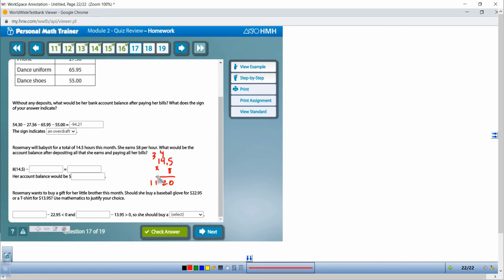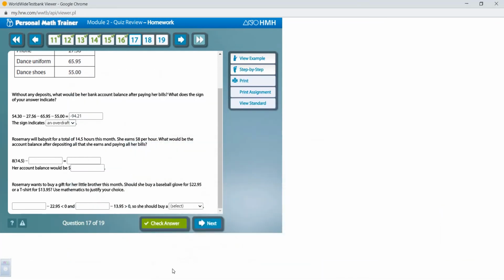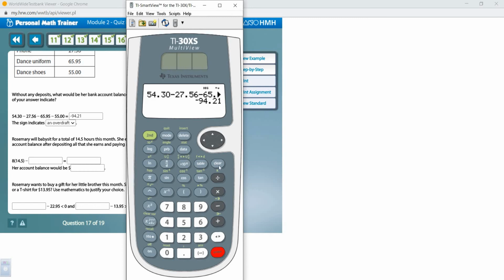All right. So we're going to have $112 minus that 94.21, her negative balance, right? So this is good news because that number is bigger than that number. So let's see here. We have 112 minus 94.21. So again, I'm going to go back to my handy dandy calculator.